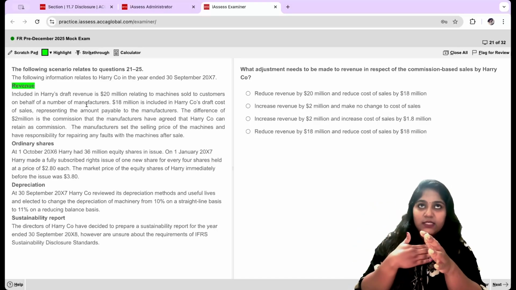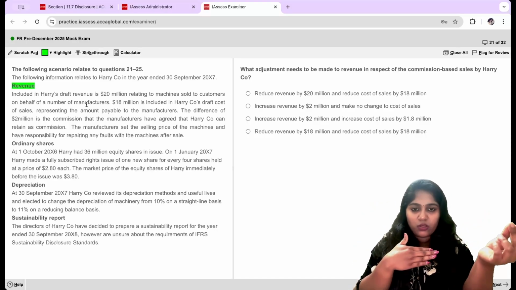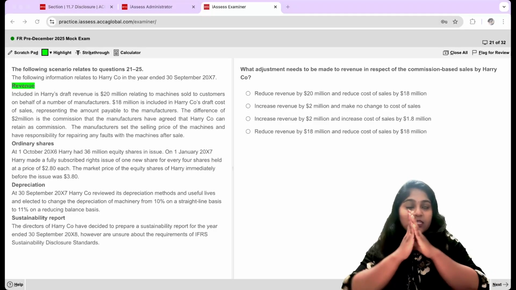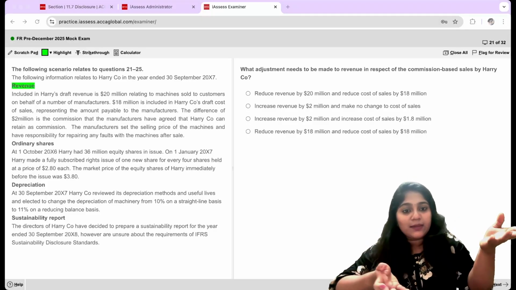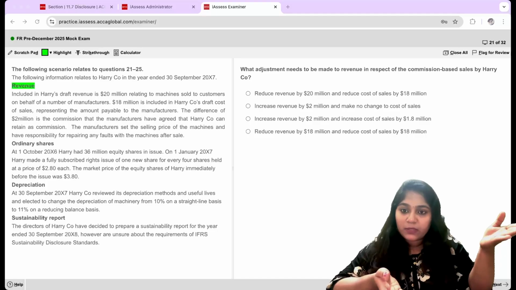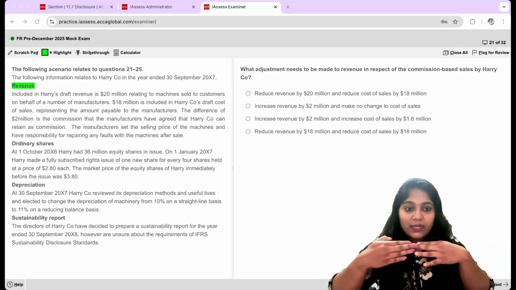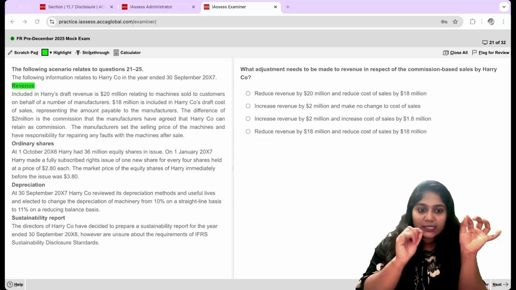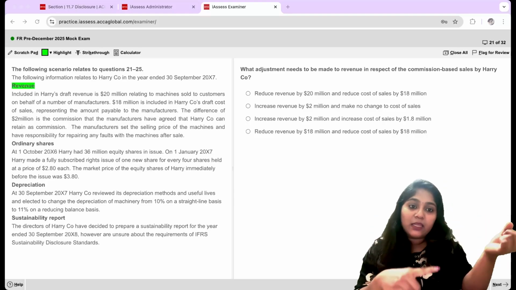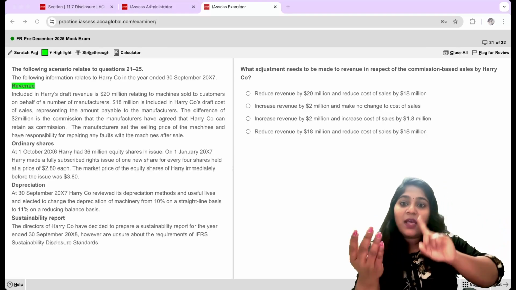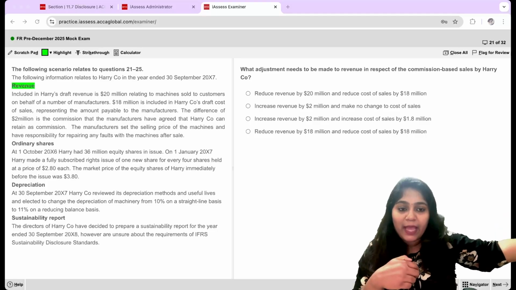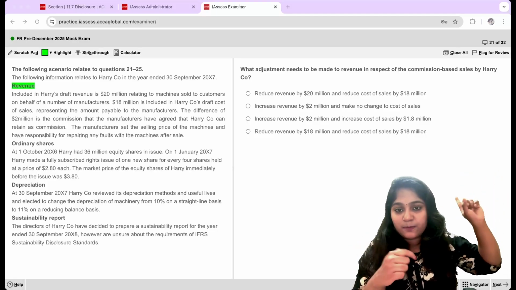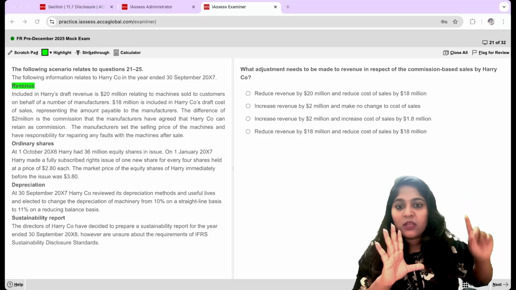If you collect 20 million and 2 million of it is your commission, I will credit 2 million as my revenue. The remaining 18 million should be treated as my payables, because I'll get money. I debit my cash at bank of 20 million, out of which 2 million will be treated as revenue and the remaining 18 million should be considered as payables. I have to give it back to the manufacturers, because ultimately they are the ones who should get this money.